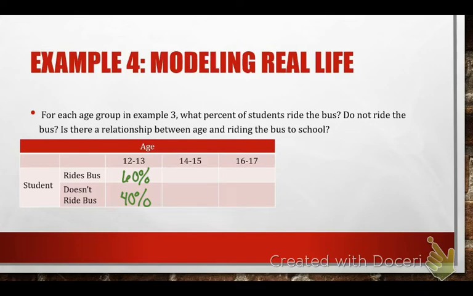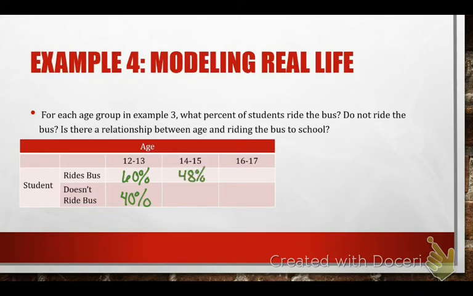All right, 14 to 15-year-olds. This is where I need you guys to tell me the number. How many 14 to 15-year-olds rode the bus? 12. So you're going to take 12 and divide it by, what was the total? 25. So 12 divided by 25 is 0.48, which is 48%.